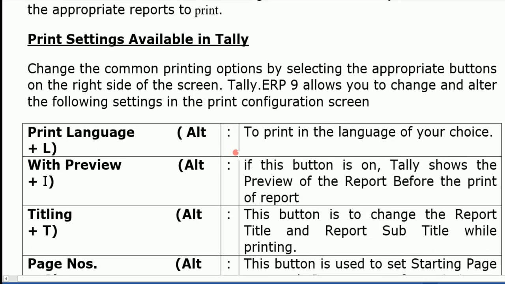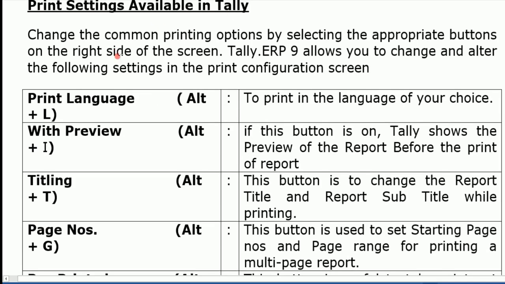Print settings available in Tally. When you press Alt+P or the Print button, it will show some print settings on the vertical button bar, where the voucher name will come. In that it shows Alt+L to change the language of your choice.